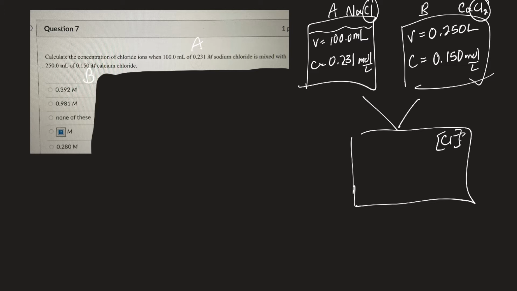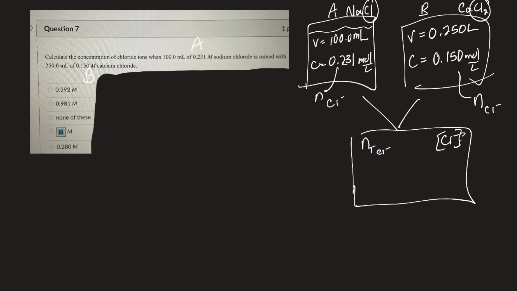And so what I need to do from here is figure out the number of moles of chloride ions in A, figure out the number of moles of chloride ions in B, and add those together. And that'll be my total number of chloride ions in solution C.